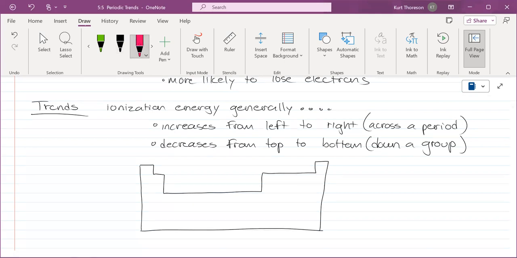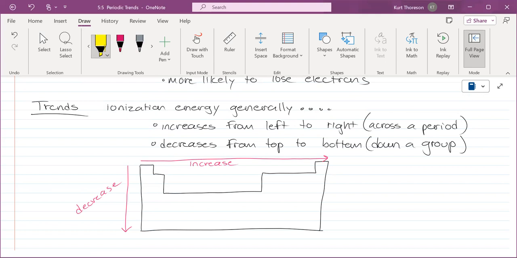So the trend looks like this. All right. What this basically means, everybody, and you don't need to highlight this part, just please pay attention.